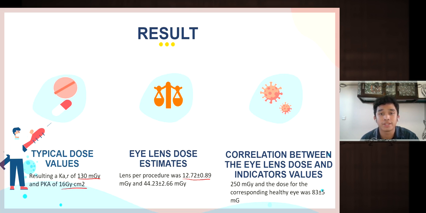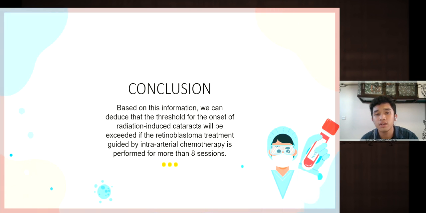The conclusion of this journal is that a typical dose value for the retinoblastoma treatment by intra-arterial superselective chemotherapy in pediatric patients has been determined, obtaining PKA 60 gray centimeter squared and KAR 130 milligray in 10 interventions.